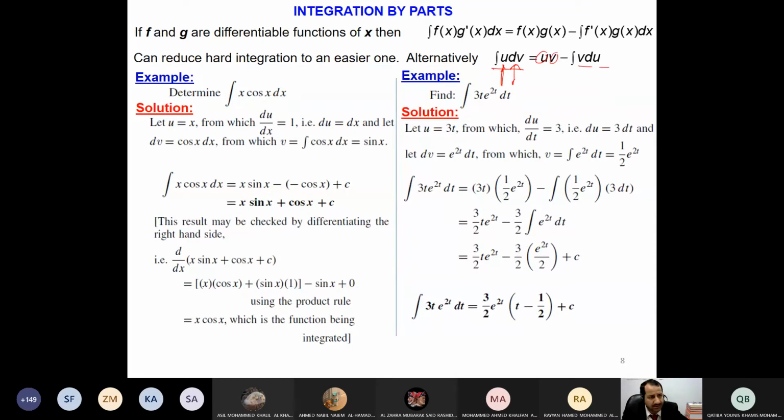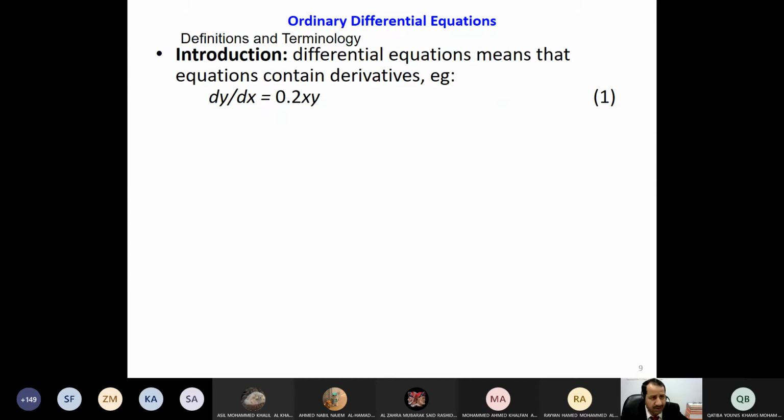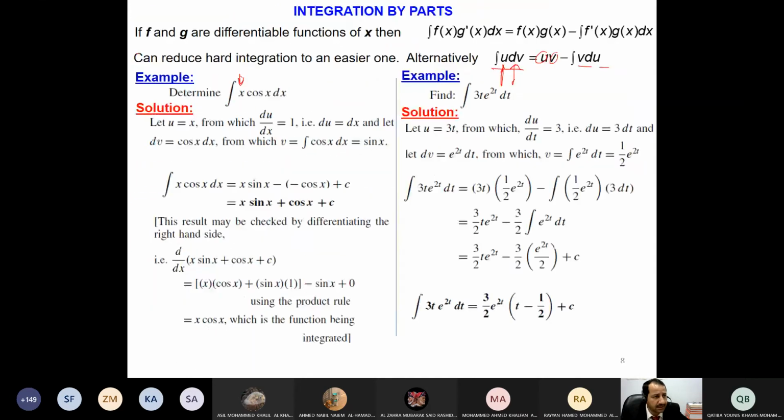Very simple. I will take one example here to finalize this revision, then I will start with my topic. If I look at this function, x here is a normal function, a linear function. Cosine here is a trigonometric function. Now, let's assume x to be u, and cosine x dx to be dv.